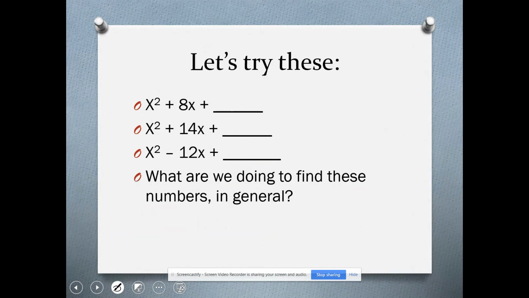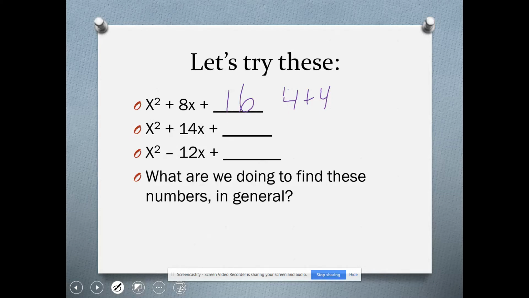So let's take a look at these. We have 8. So I need two identical numbers that add to 8 that also multiply to a perfect square. So we have 4 plus 4. That would make 8. And 4 times 4 is 16.